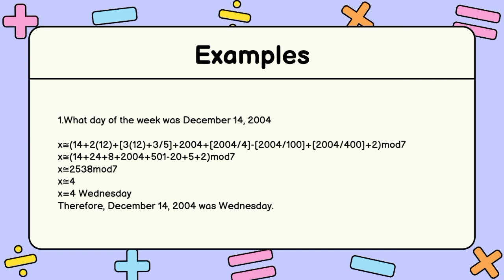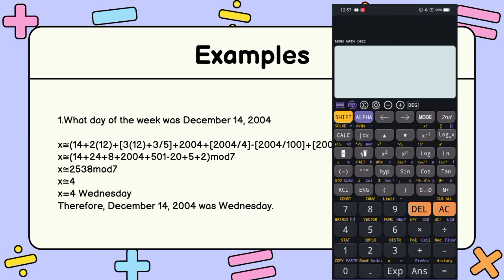To solve this, we're going to use a calculator. First press alpha x, then alpha calc, then put in the 2538, then alpha mod, and put the 7.